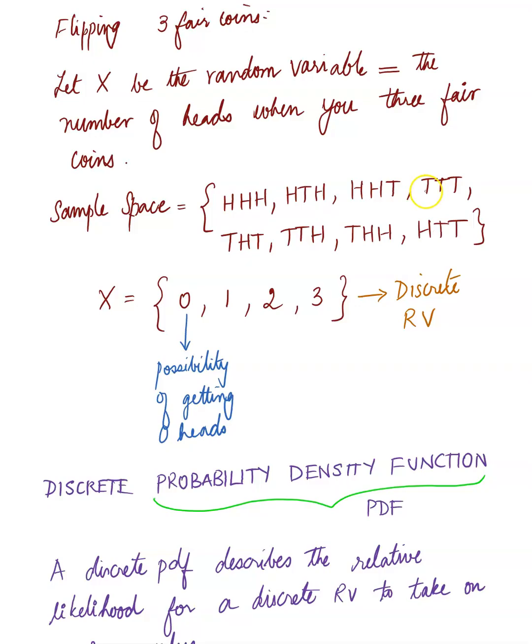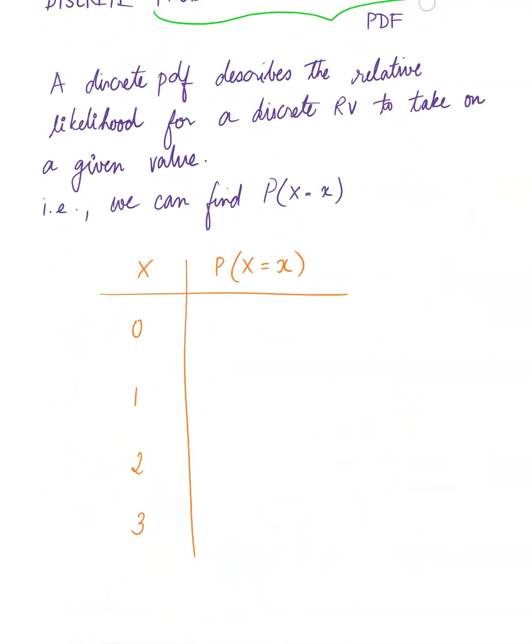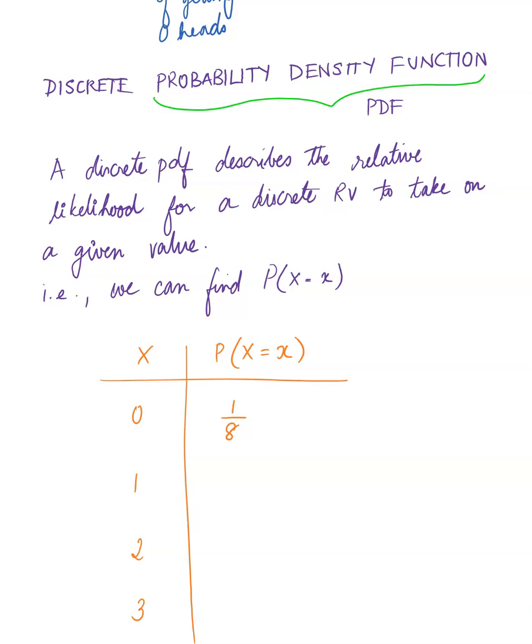Only one of these 8 outcomes is TTT, which is all tails, no heads. So the chance is 1 out of 8 possible options. That is basically your relative frequency, right? So 1 over 8.